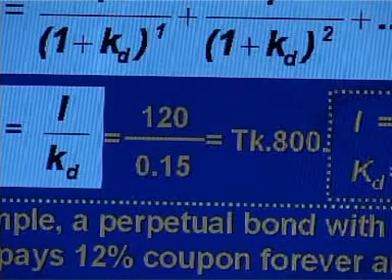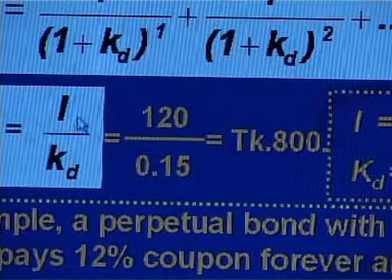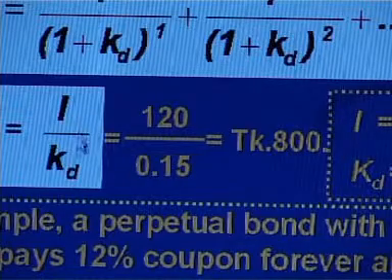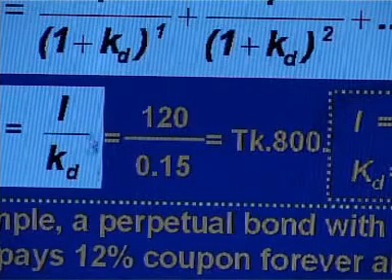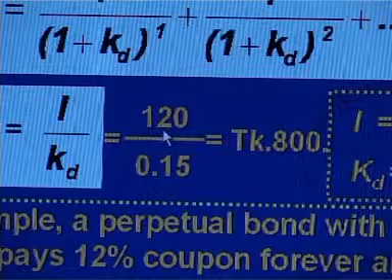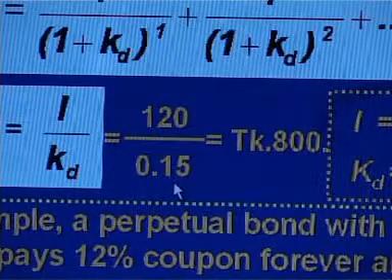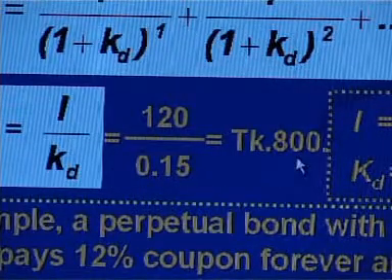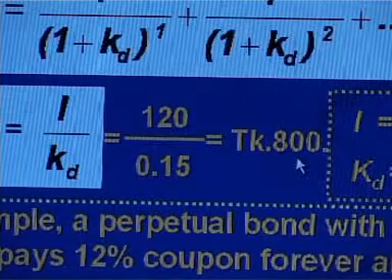The value of the perpetual bond can be calculated by the equation I, that means coupon divided by KD, that means required rate of return. Coupon was taka 120, KD was 0.15 or 15%. So, the value of the perpetual bond will be taka 800.